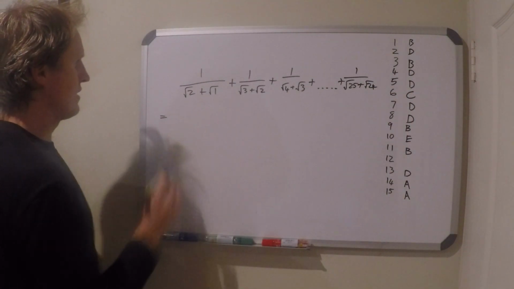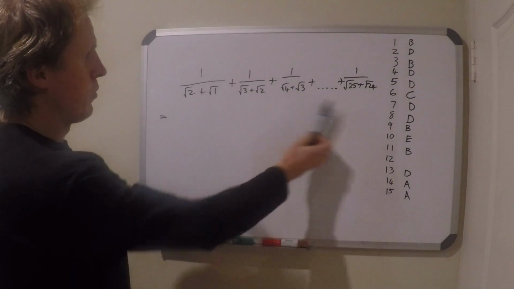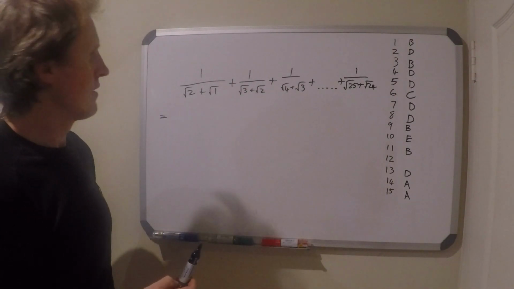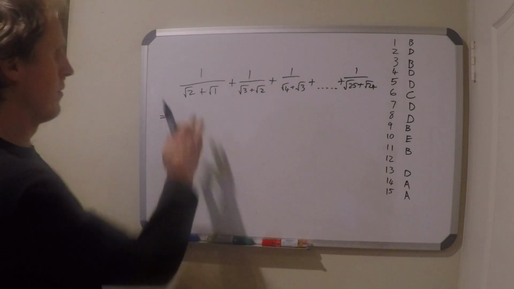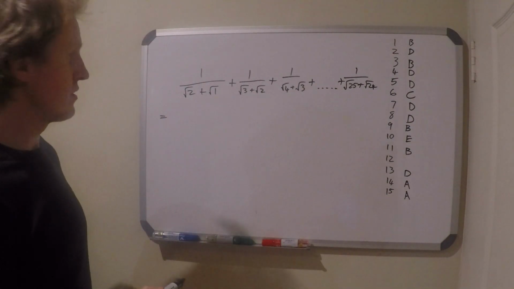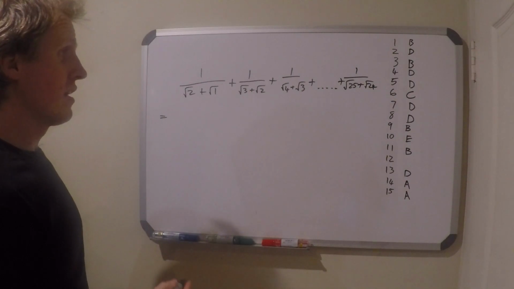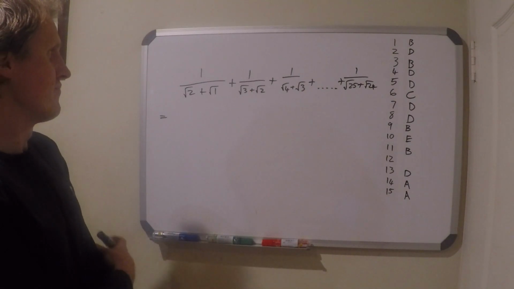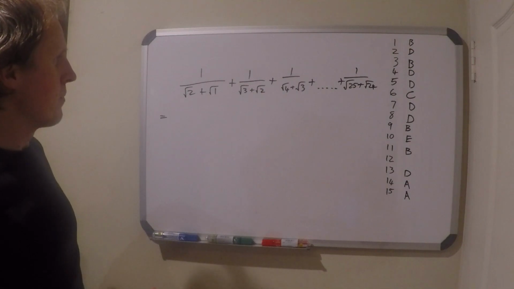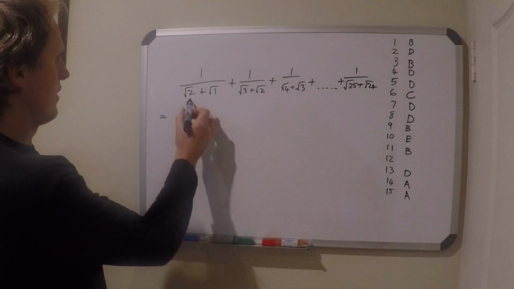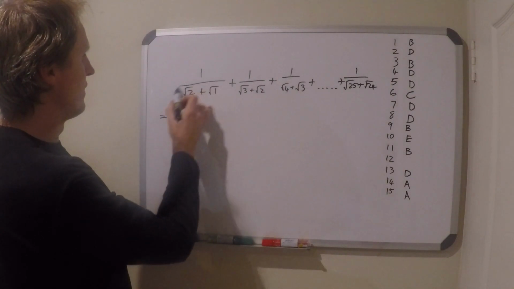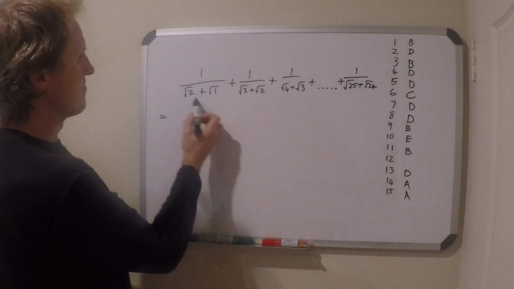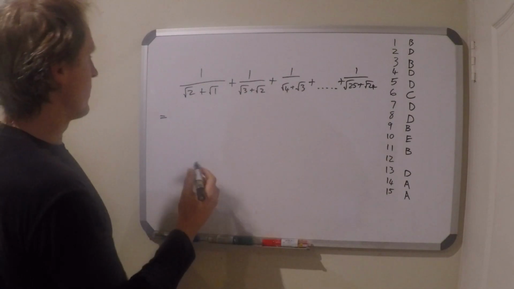Okay, so let's see what we can do here. We want to get rid of all of these square roots in the denominator so that we can get a common denominator and do all of that stuff. So what I'm going to do is multiply top and bottom by basically this again, but invert the sign.